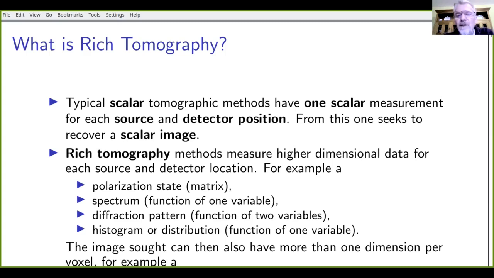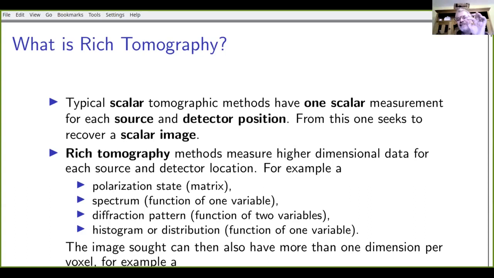So for example, you might measure a polarization state of light or particles. So for each source and detector, you measure a matrix. You might measure a spectrum, a spectrum in frequency, energy, whatever, same thing. And that will be a function of one variable for every ray that you measure along, right?